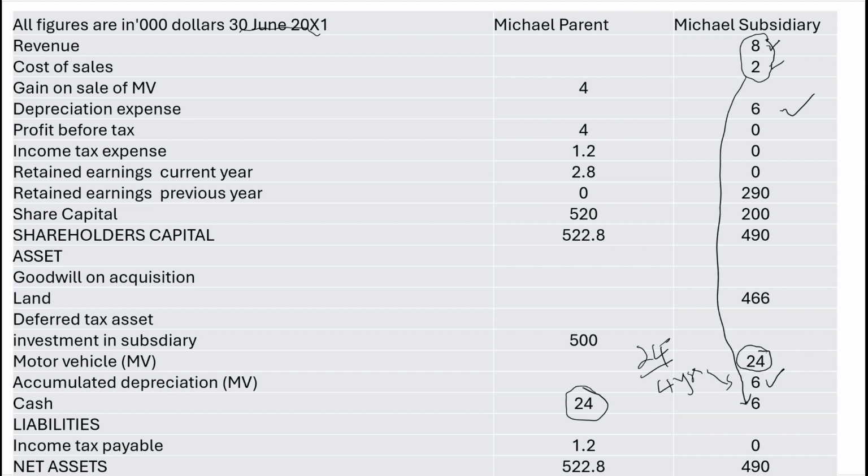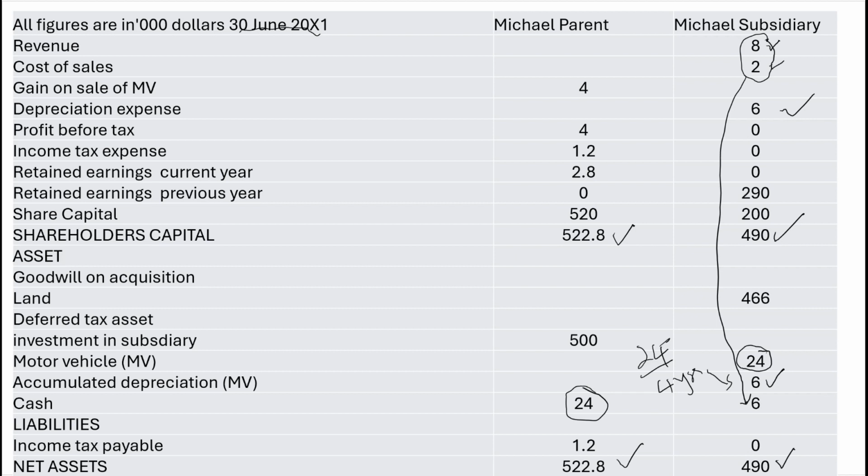So the Michael parent shareholders' capital is 522,800, supported by net assets of 522,800, and in Michael's subsidiary shareholders' capital is 490,000, and it is supported by net assets of 490,000.